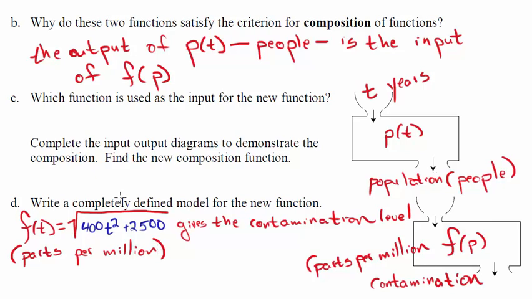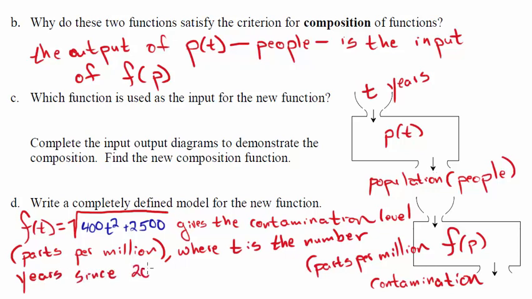And my input now, I have completely eliminated the population. My input variable is now t, where t is the number of years since 2000.